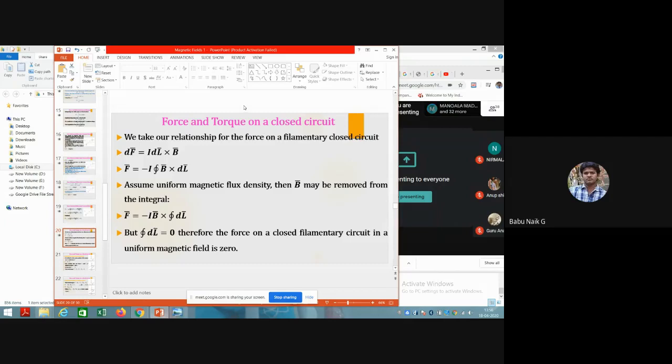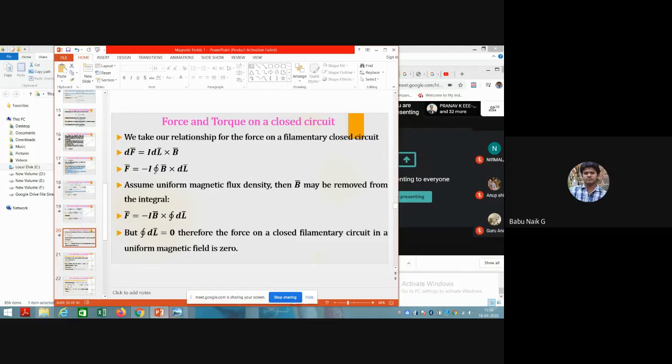So you can calculate the force: dF is equal to the length of the conductor, the current flowing through the wire, and the magnetic field produced, which is the cross product between the length of the wire and the magnetic field. Now, we are considering this as a closed line integral, a closed circuit.